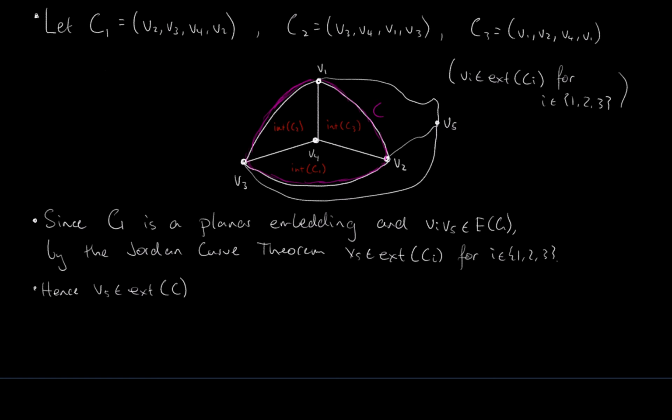Because those edges exist, they may not have to look like that exactly, but when you attempt to draw an edge from V4, this middle vertex here, out to V5, you cannot do it.